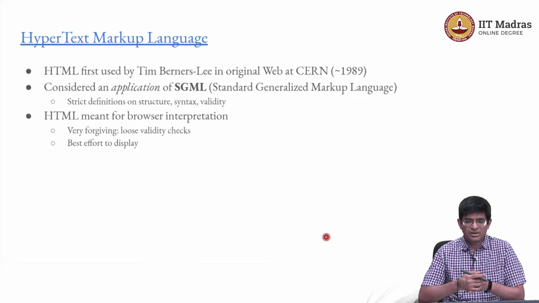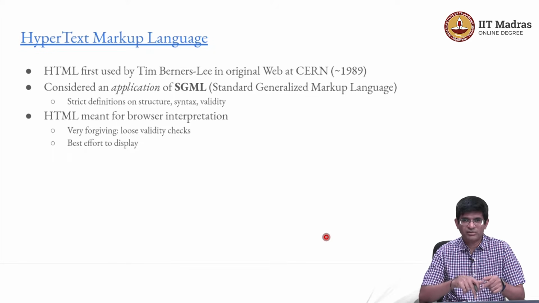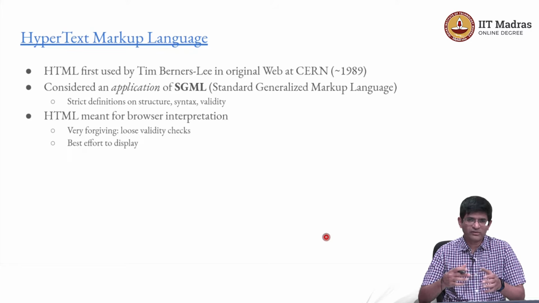On the other hand, if a person started a title and then jumps to a new paragraph, I know that the title has ended before the new paragraph started. So why not just let the browser be forgiving of these kinds of mistakes and do a best effort interpretation.